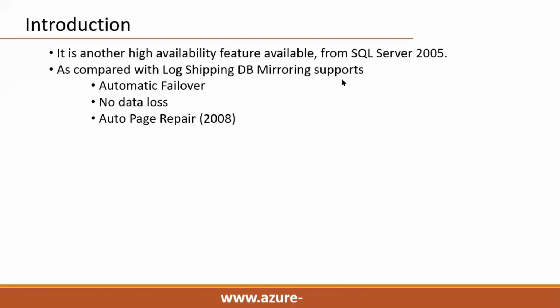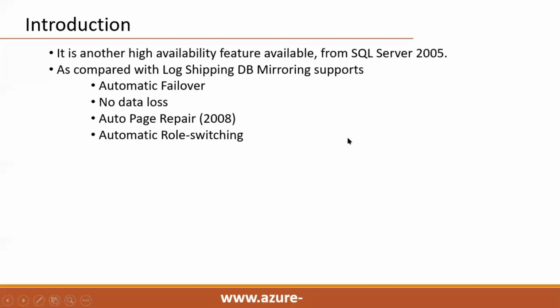The same way, if one page is corrupted in mirror, the page is copied from principal and it is repaired. We'll see that one. Mirroring was introduced in 2005; from 2008 onwards we have some extra options, auto page repair and automatic role switching.